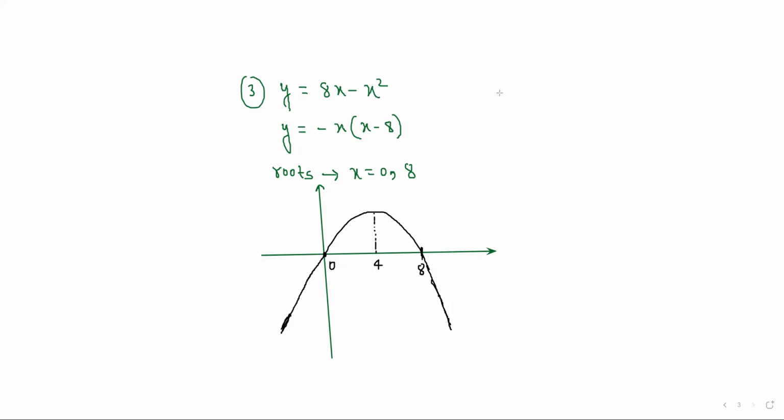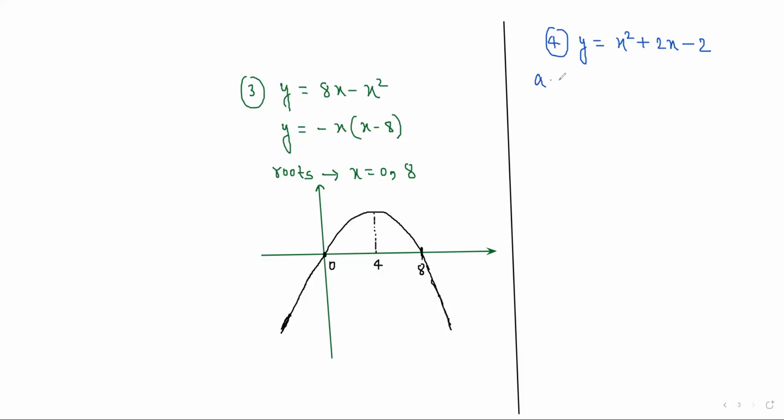Okay beta, let us take another curve. Another curve is y is equal to x square plus 2x minus 2. So I think a is equal to 1, b is equal to 2, c is equal to minus 2. D is equal to b square minus 4ac.